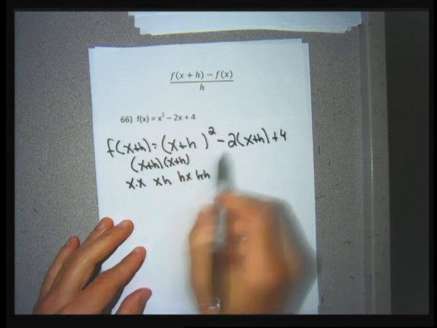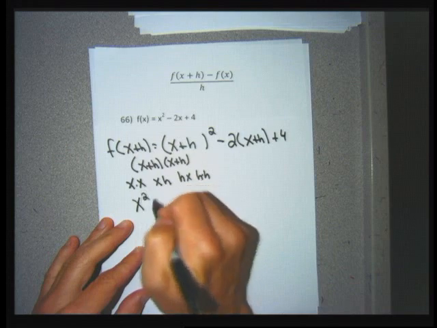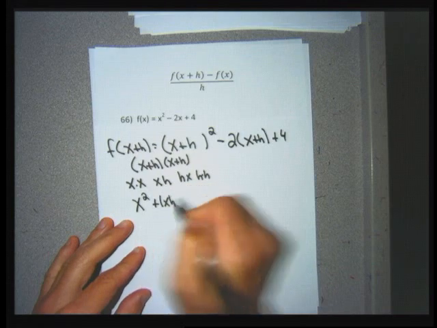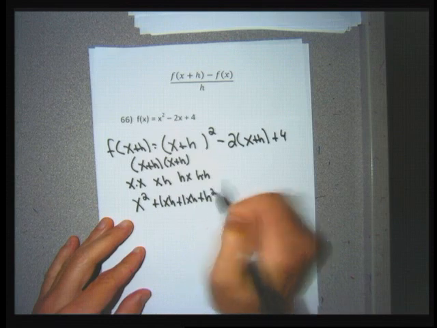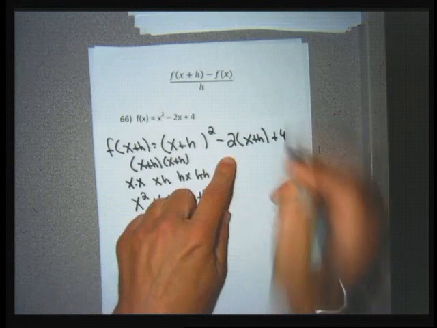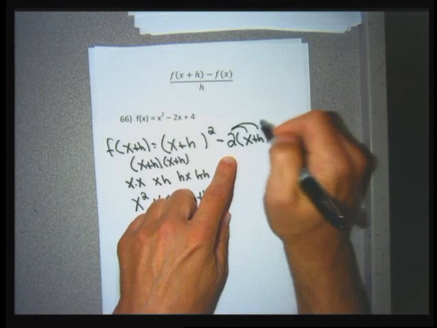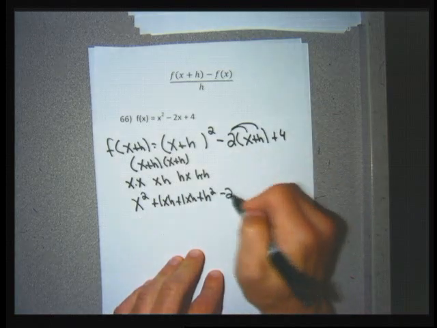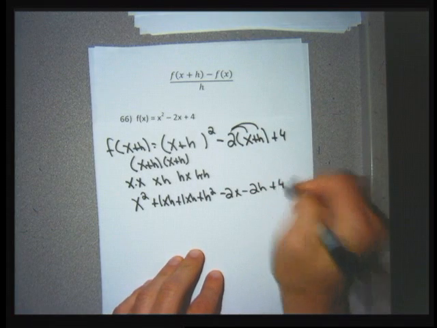So the foiling gives me an x squared for the firsts, a 1xh for the outers, a 1xh for the inners, and h squared for the last. That's all this x plus h quantity squared is. For this piece right here, minus 2 times x plus h, I go minus 2 times x and get minus 2x, minus 2 times h and get a minus 2h, and then I have the plus 4.